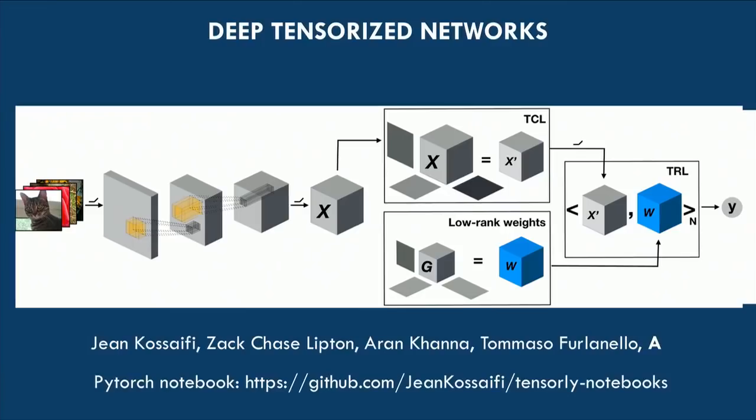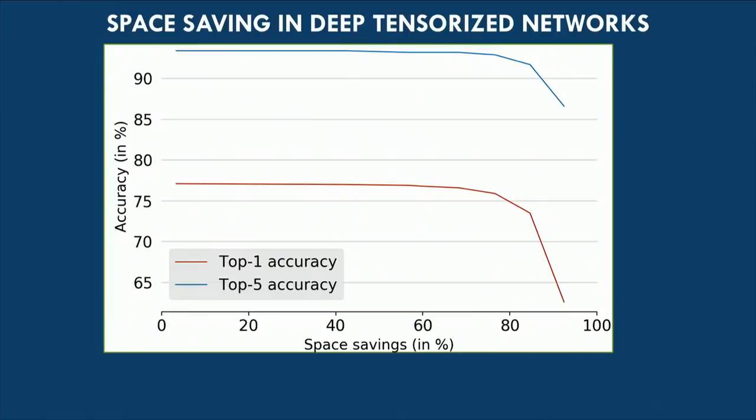And one architecture we've explored is this tensorized neural network where you can do tensor contractions and tensor regressions. And it turns out that you can get a lot of space savings without loss in accuracy. So these tensorized architectures can lead to more compact neural network architectures.